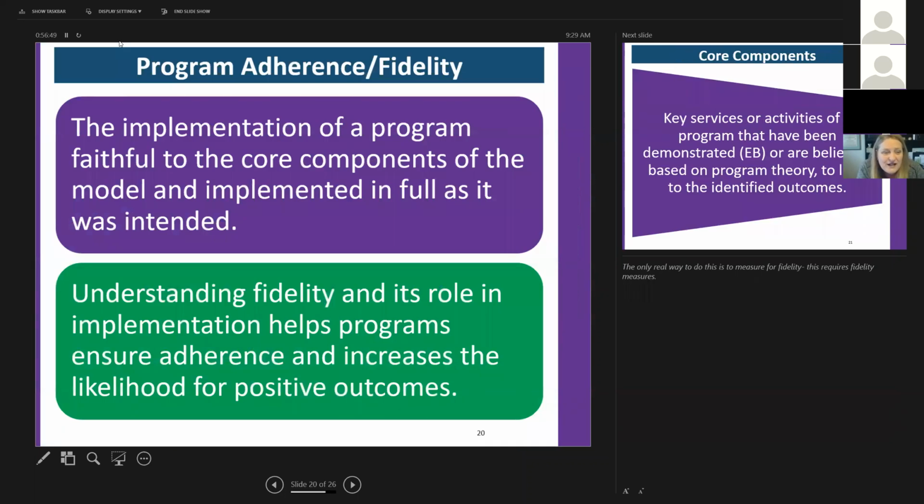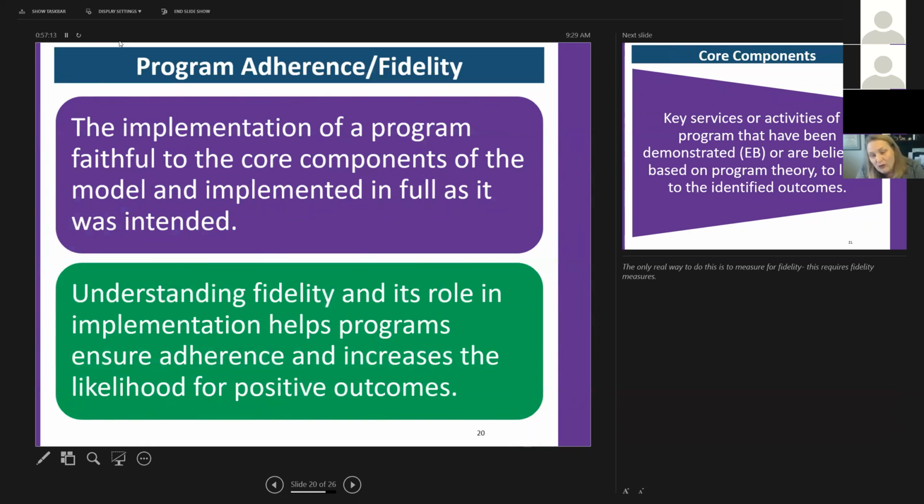In addition to all of those things that we've talked about, there's the program adherence or program fidelity piece. Often folks believe that program fidelity is only for evidence-based practice. And I am here to say that is not true.